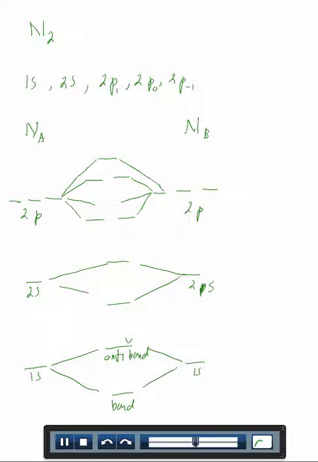Okay, now I'm going to fit electrons in them. So nitrogen has 7 total electrons for each atom, so that's 14 total electrons. So I just start adding them from the lowest energy to the highest energy, just like I would in an atom. So that's the first 8.